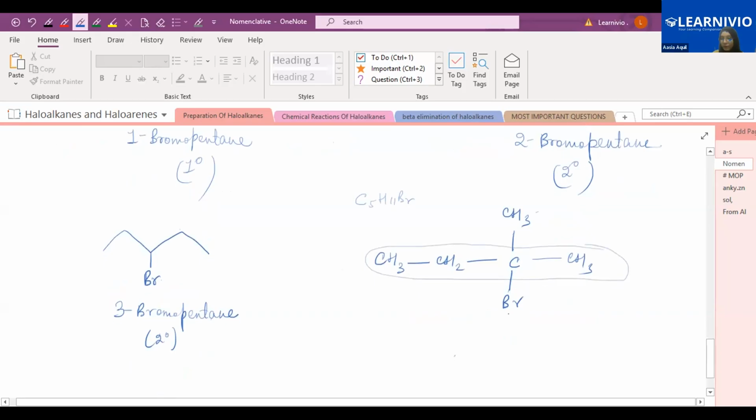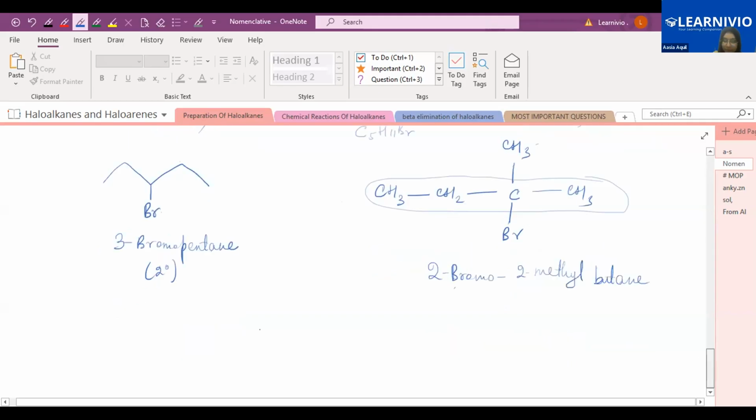Now tell me the name of this and which type of halide it is, primary, secondary, or tertiary. 2-bromo-2-methylbutane, and tertiary. Yeah, it's butane.